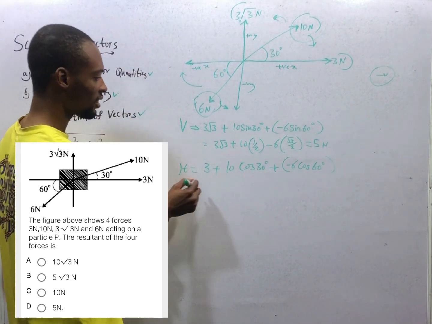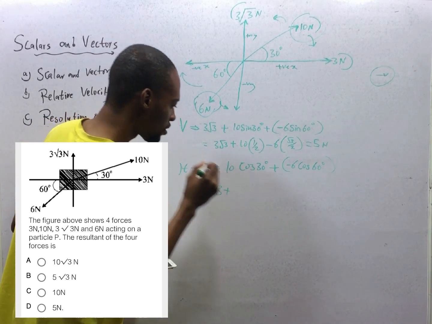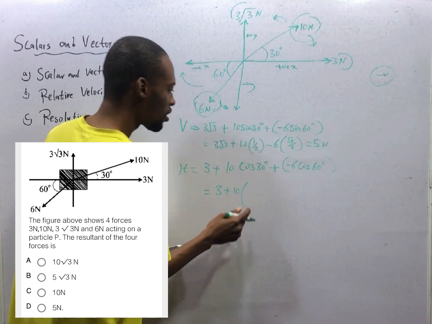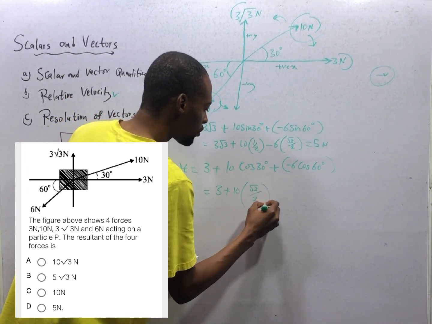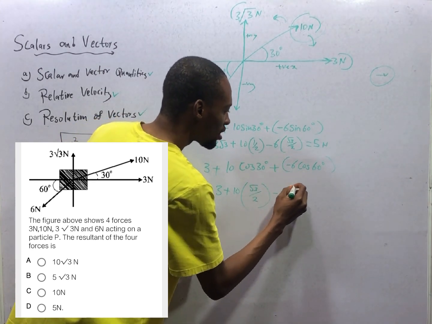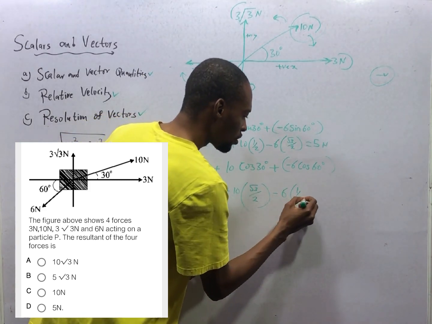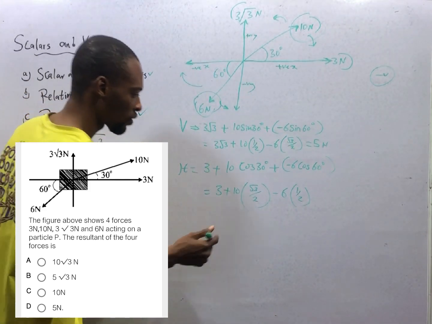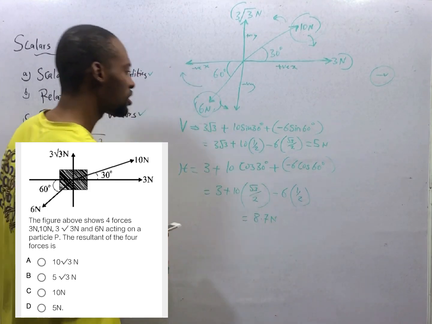For the horizontal, we have 3 plus 10 cos 30, which is root 3 over 2. Plus times minus is minus 6 times cos 60, which is 1 over 2. This should be equals 8.7 Newton.